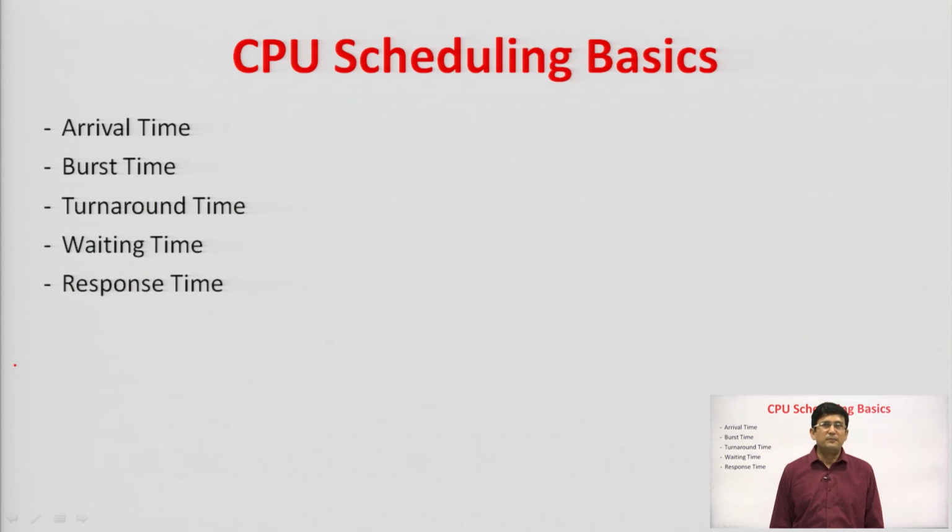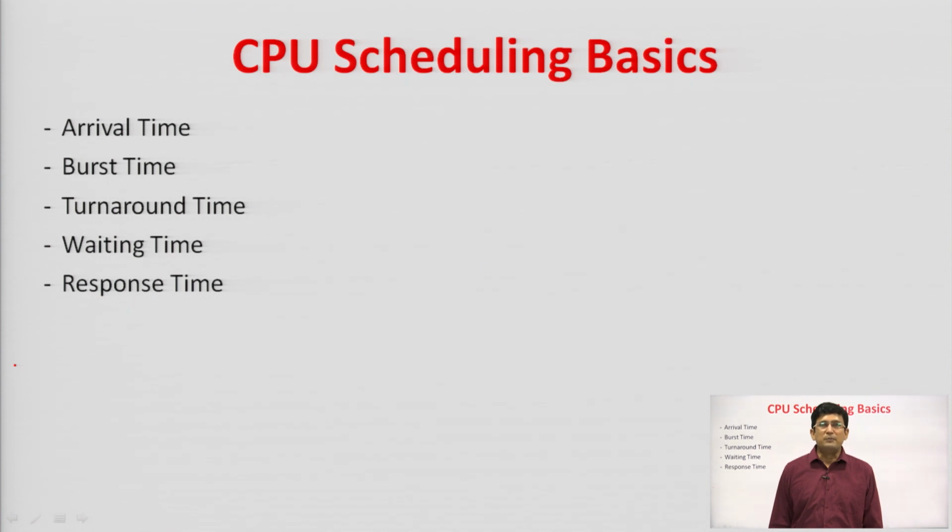So, it is the time with respect to the CPU cycle at which a process enters the ready queue. Burst time means how much time a process requires for completion, or how much time a process wants to execute at the CPU. In other words, how many CPU cycles are required for a process to complete.